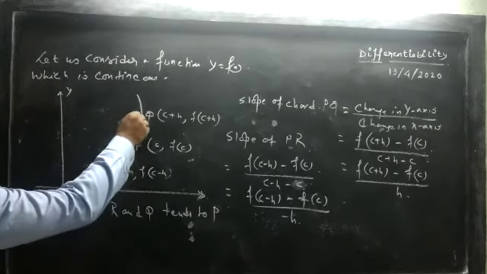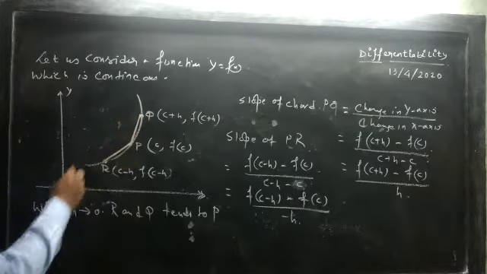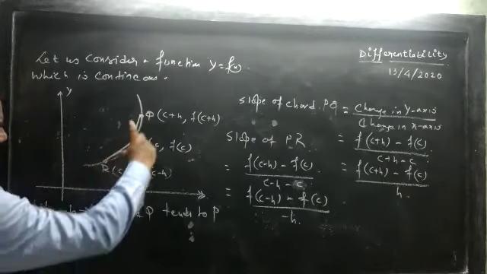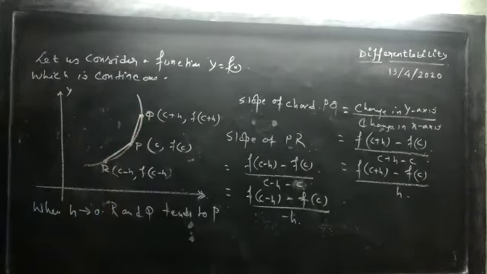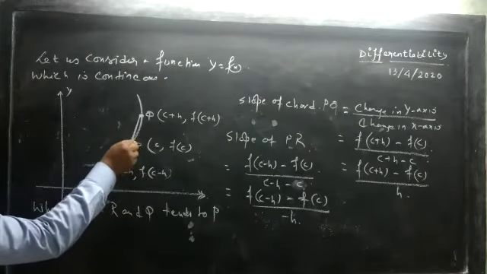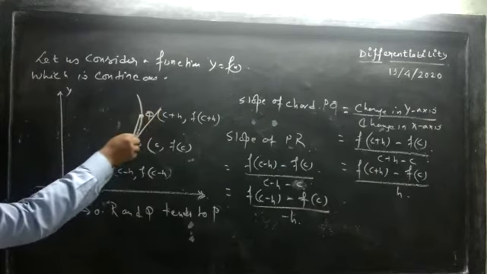Therefore the slope of this chord is equal to the slope of this chord because they are very close. So these are not two different lines, but one same line. If you consider them as one line, then at the point P you can draw a tangent.